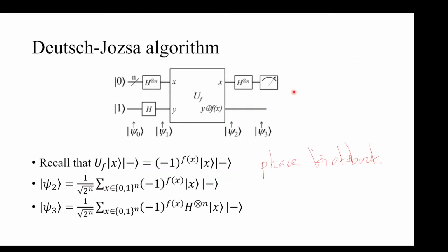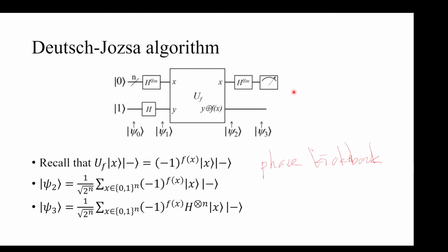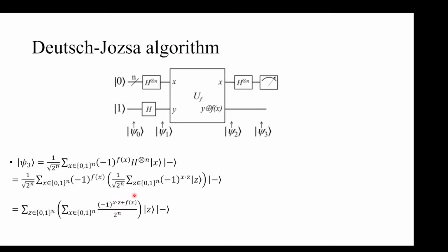So, a bit of a recap. Here we use two techniques. Once again, we use our phase kickback technique, and also we have this calculation tool, the closed form expression of the Hadamard transform to the n on x, which gives you 1 over square root of 2 to the n, summation over all possible z, (-1)^(x inner product with z), and this |z>.